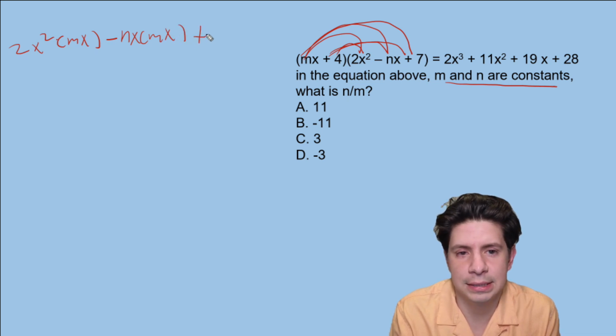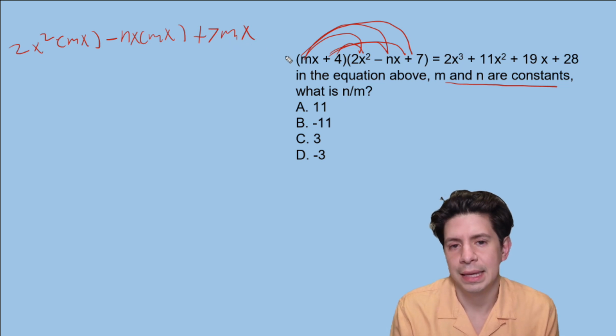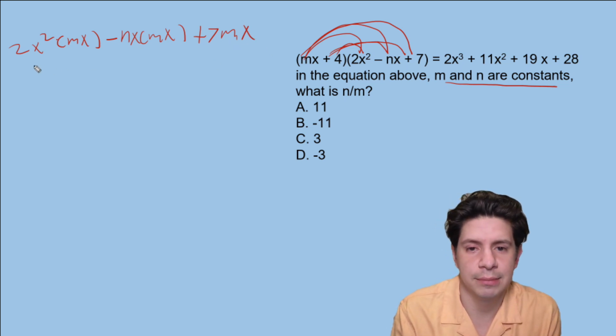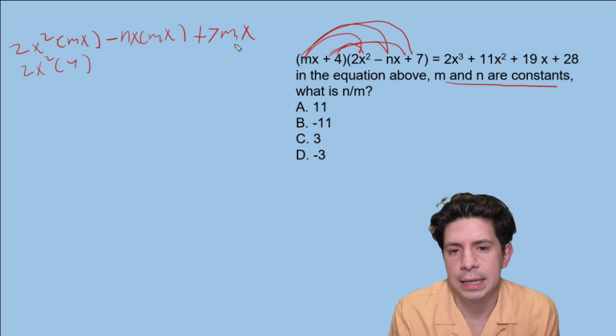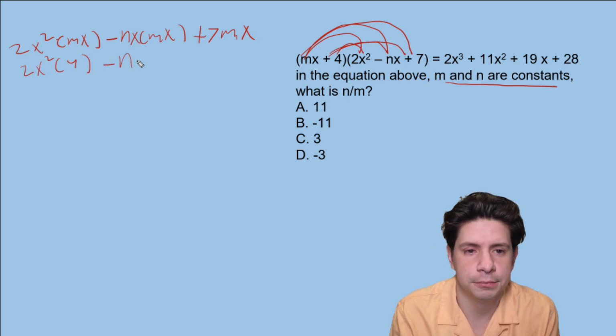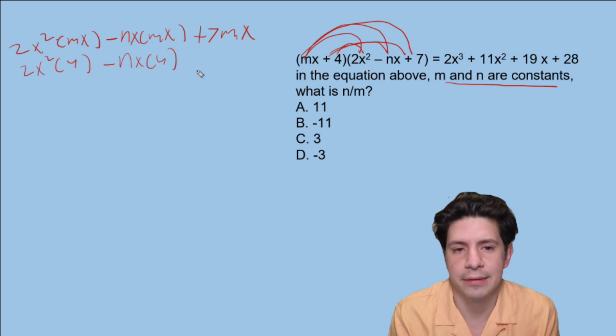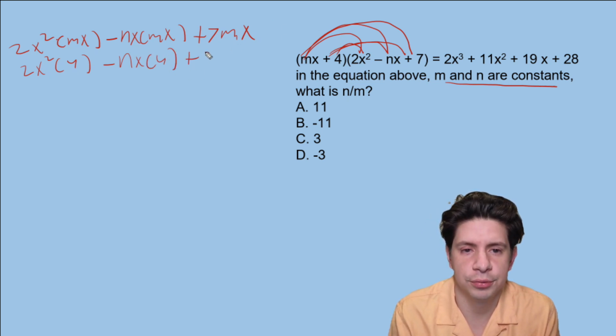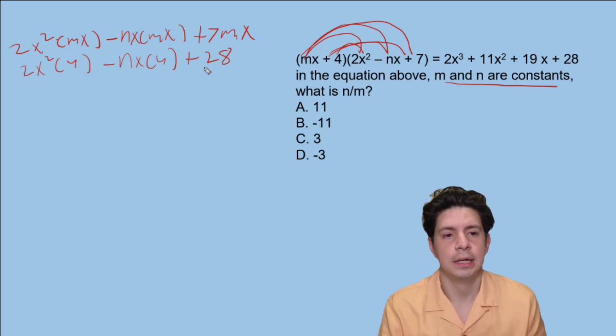And then 7 times mx. And then 2x² times 4. Negative nx times 4. And 7 times 4, which will be 28.